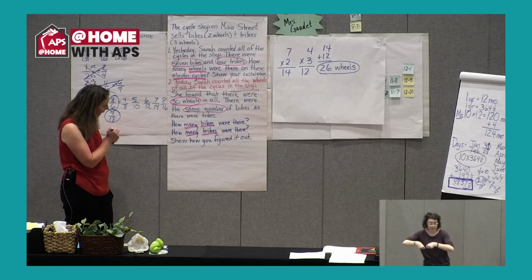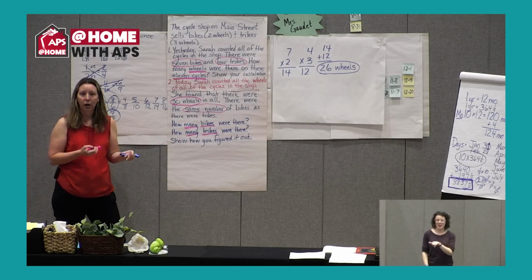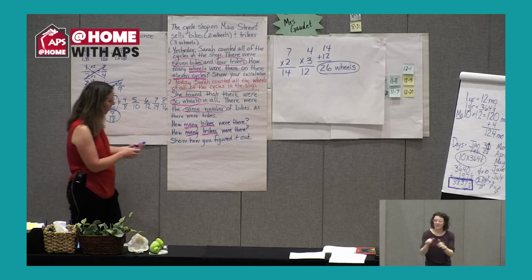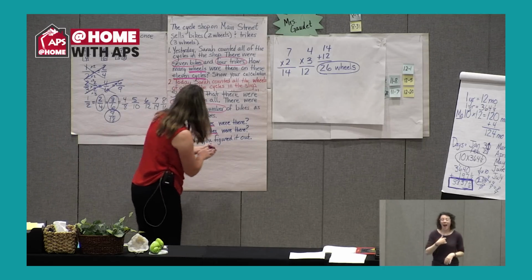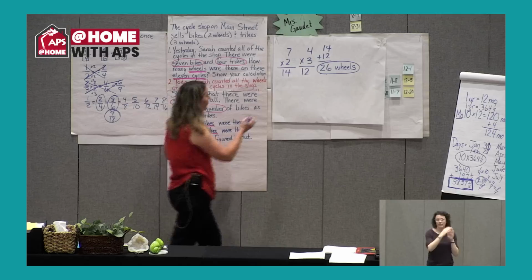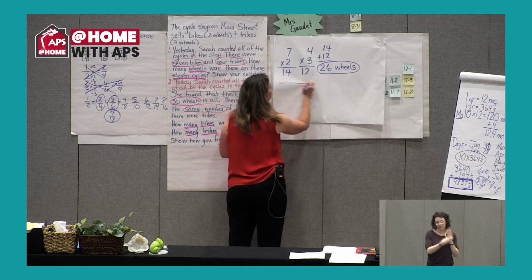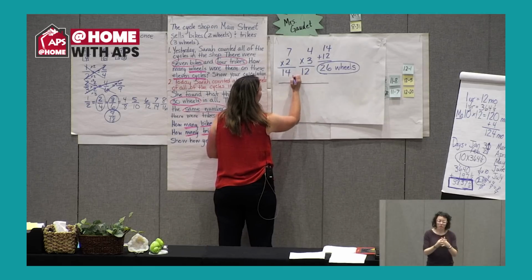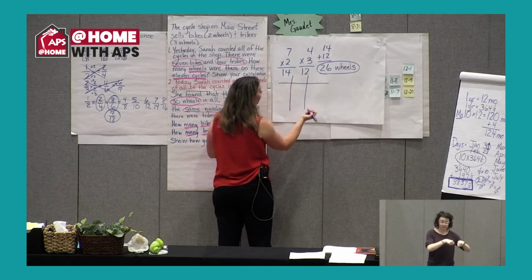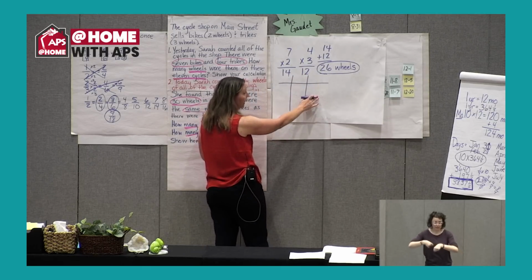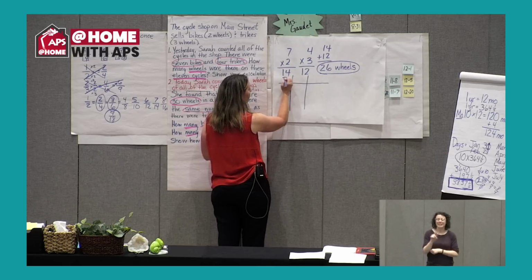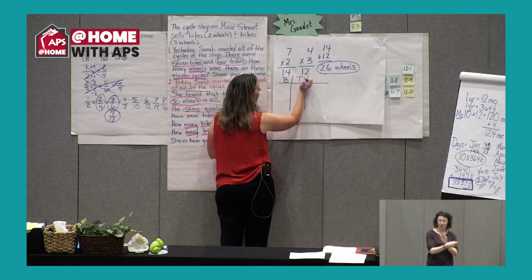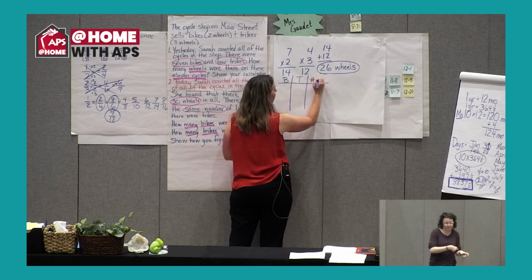So the way I like to do this is I'm really big on tables. So I go ahead and I'm going to start with my bikes, my trikes, and I'm going to do a T-chart, but I'm going to add an extra piece on that. We have bikes, we have trikes, and then the number of wheels.